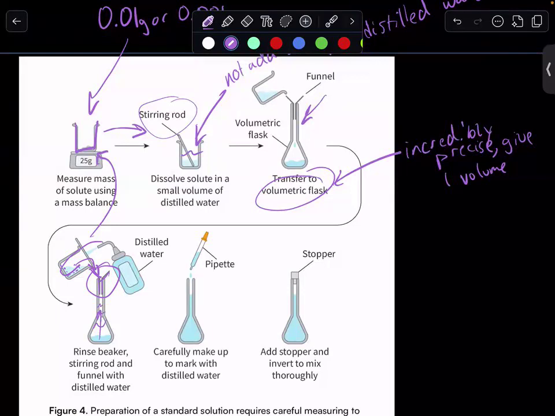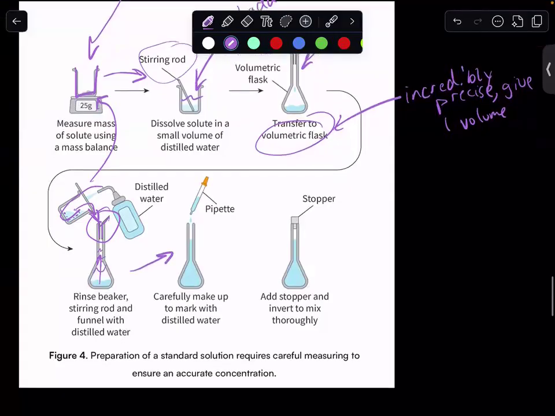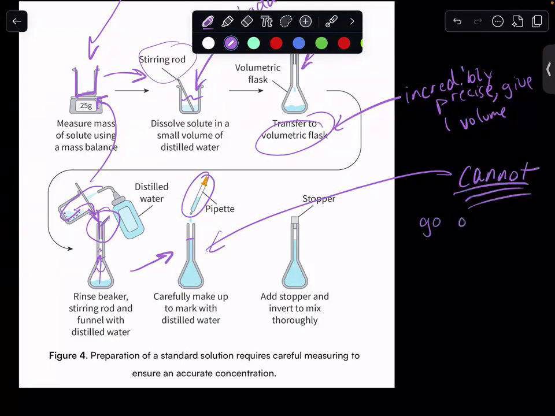Finally, when you finish cleaning everything, you're going to add liquid in up to the volumetric line. Generally, you want to use a pipette, something precise, because with a volumetric flask, you cannot go over the mark.